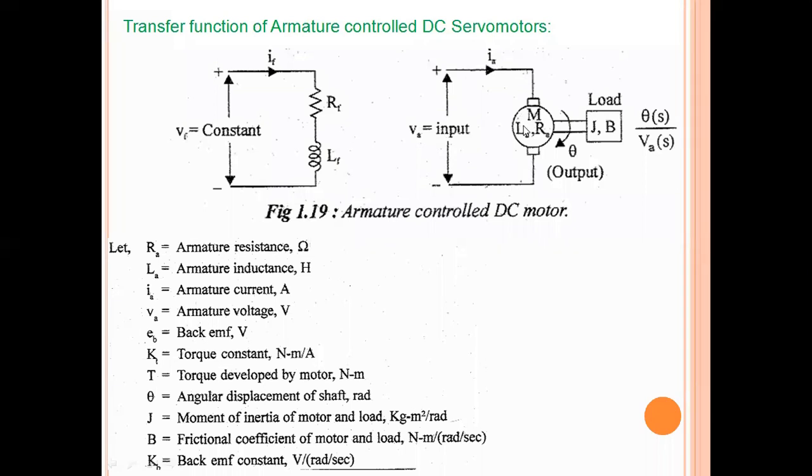However, the armature circuit is connected by a shaft also. So this is a shaft, and here we are controlling the armature circuit. So that means for a DC motor, we are giving a DC input, which is the armature voltage is the input of the DC motor.